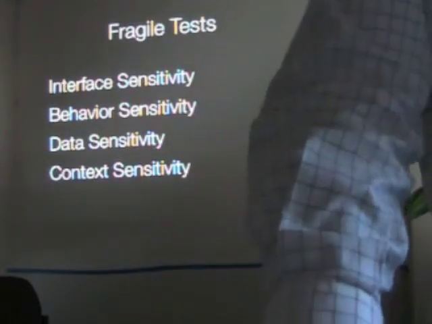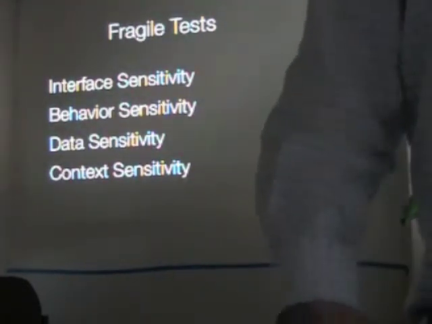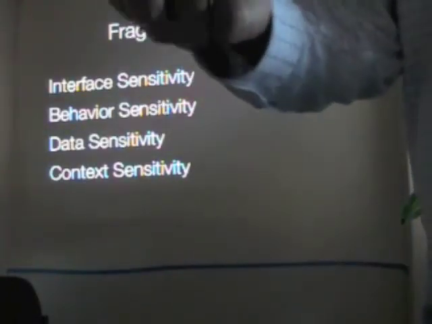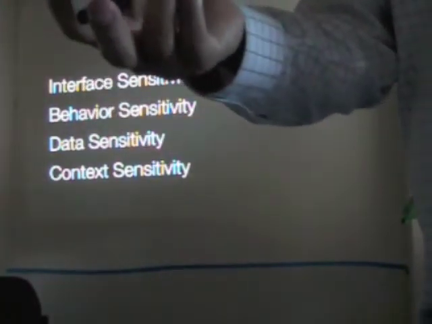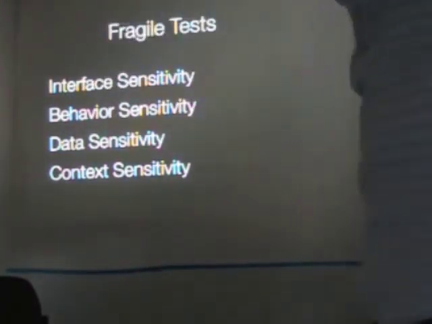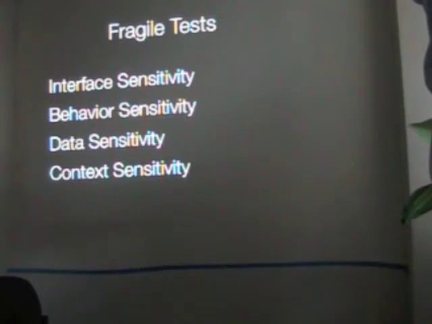And the last thing is the context sensitivity, right? Like I've been telling you, minimize the test context. Why? If all the tests require them, it's okay. It won't impact.